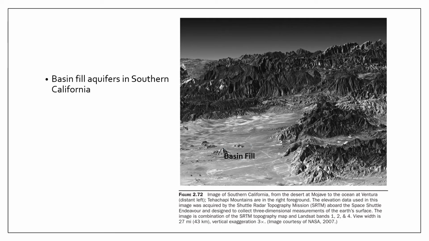And this is just another perspective of another basin fill aquifer. And you can appreciate here the contrast between the flatness of this basin fill and the ruggedness of the surrounding mountains, which provide recharge to the basin fill aquifer.